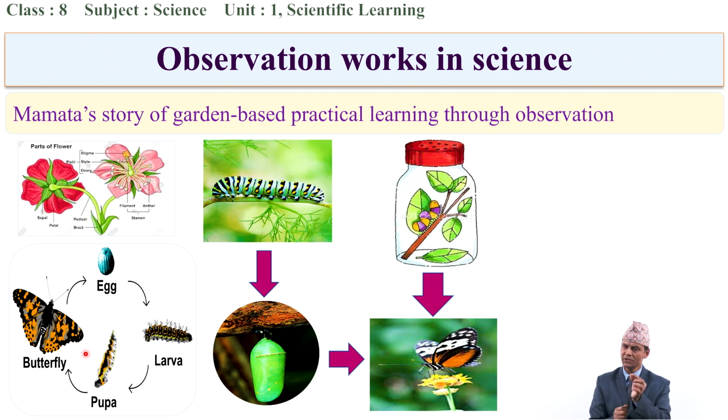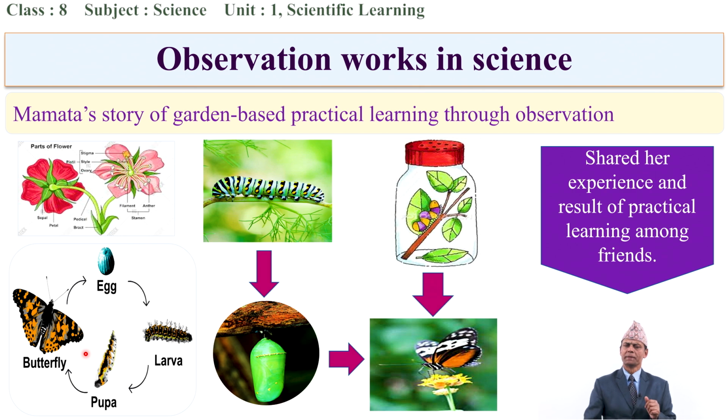There are sticky thorns which may harm our body and we have to use safety precautions. We should apply the tongs. So she shares her experiment and result of the practical activity among her friends. Yes, you also try to share, but not the same topic. You can share a scientific experiment, a scientific observation of any other relevant topic to your lesson.